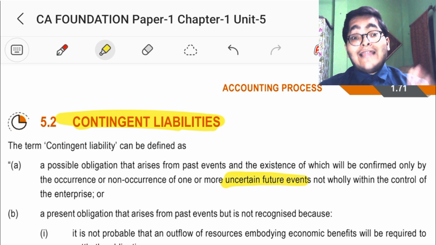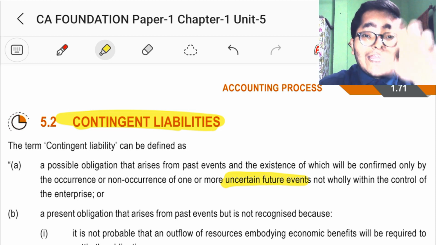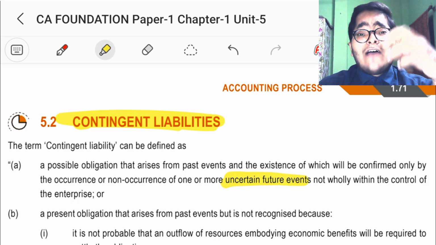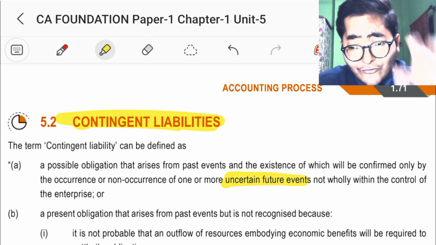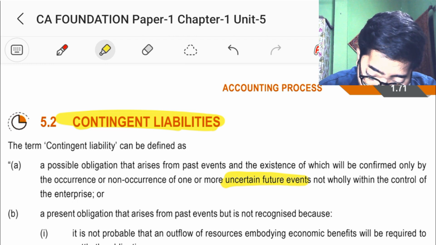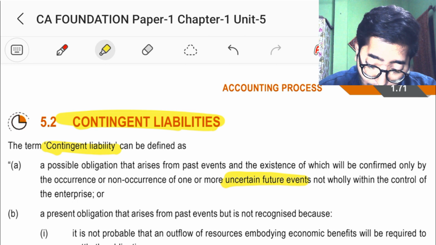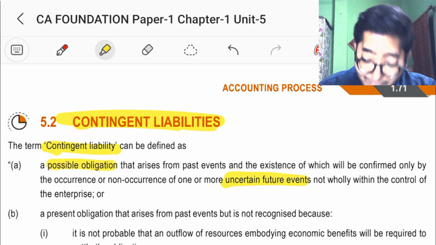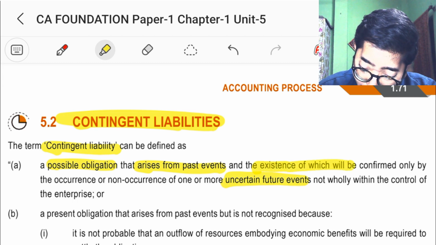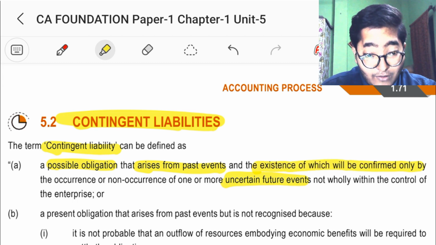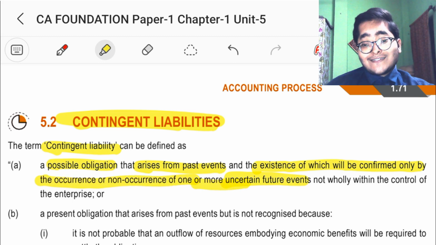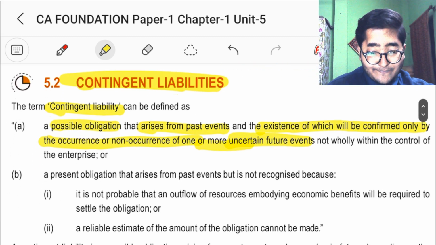Uncertain means that on those events the firm or the company or the enterprise does not have entire control or does not have whole control. That is why a contingent liability is a possible obligation that arises from past events and the existence of which will be confirmed only by the occurrence or non-occurrence of one or more uncertain future events.